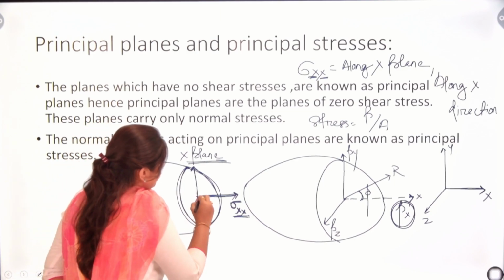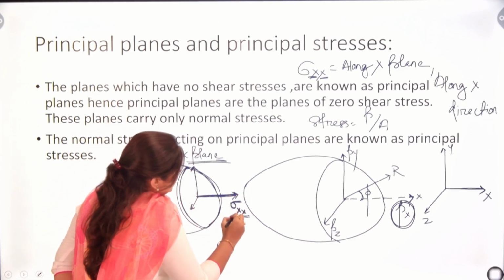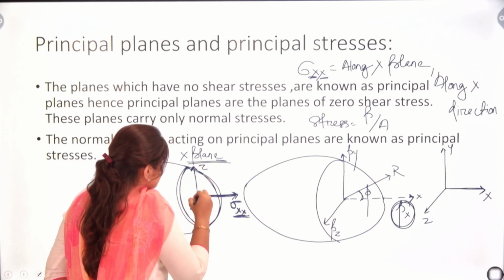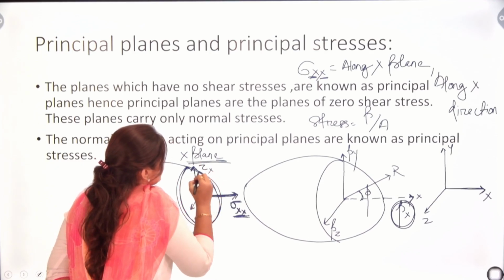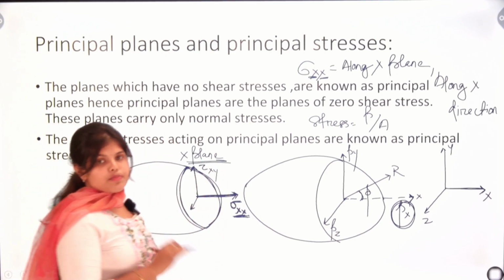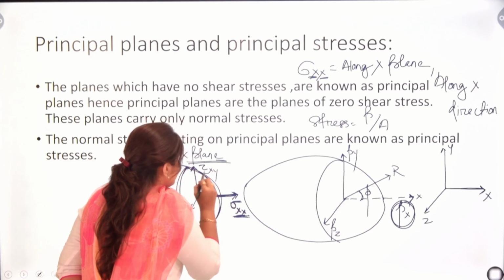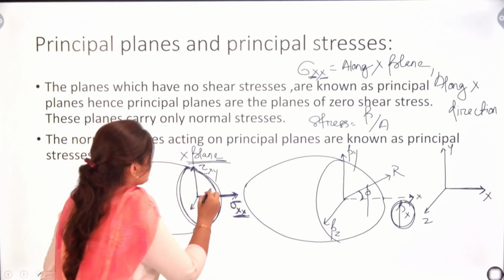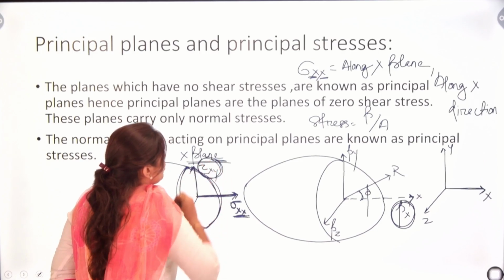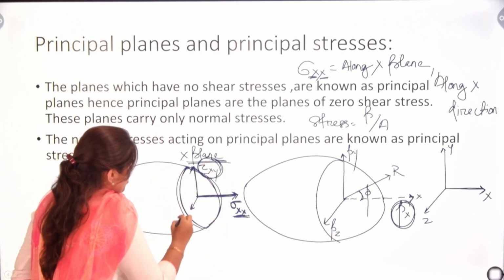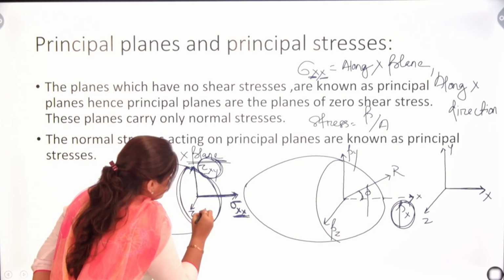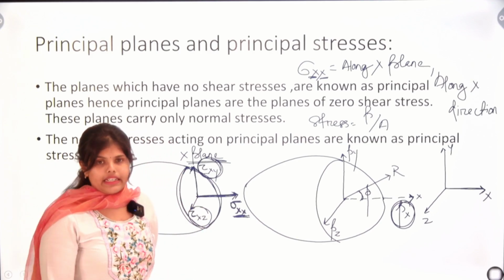So, now what happened? Due to this normal stress, there will be shear stress. We will take that as tau x, as it acts in x plane, and as it acts in y direction, so it will be our tau xy. Also in x plane and z direction we will have tau xz.